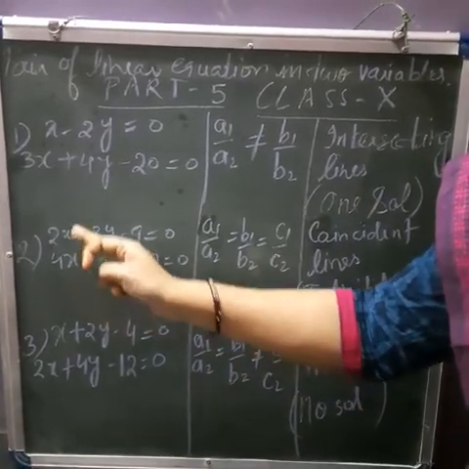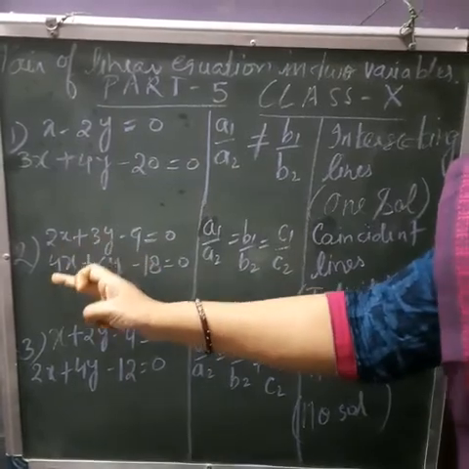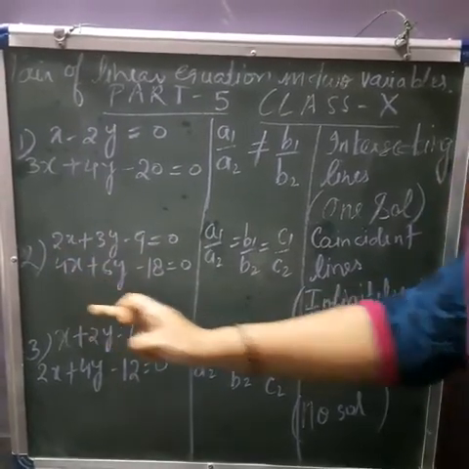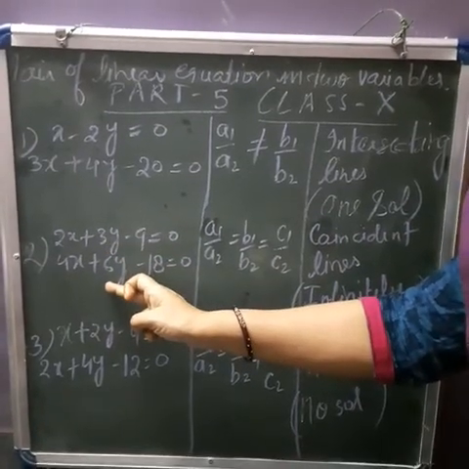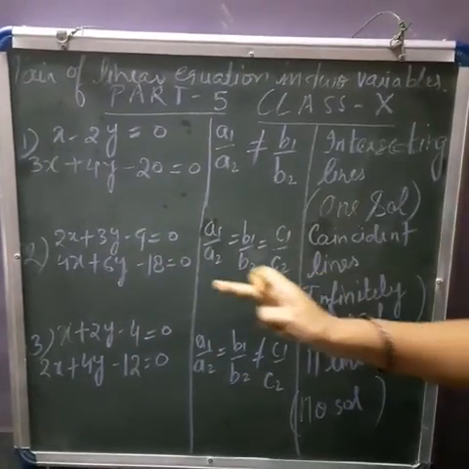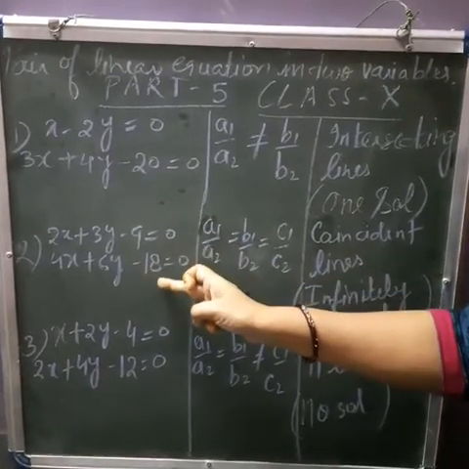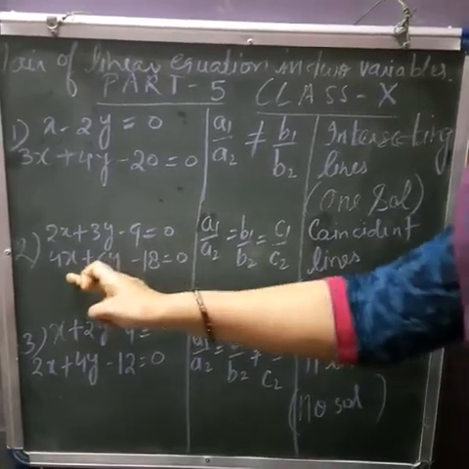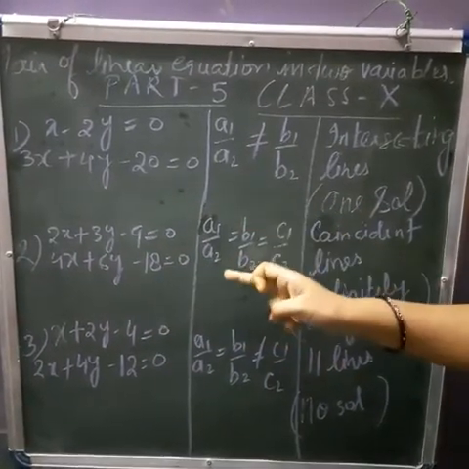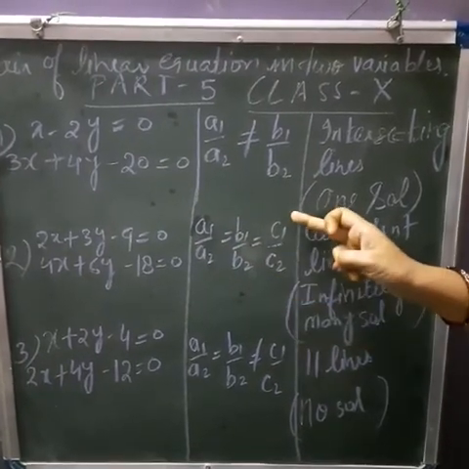Taking a1 upon a2, that is 2 upon 4, which is 1 upon 2. b1 upon b2 is 3 upon 6, which is 1 upon 2. c1 upon c2 is minus 9 upon minus 18, which cancels to 1 upon 2. So all the ratios are equal: a1 upon a2 is equal to b1 upon b2 is equal to c1 upon c2.